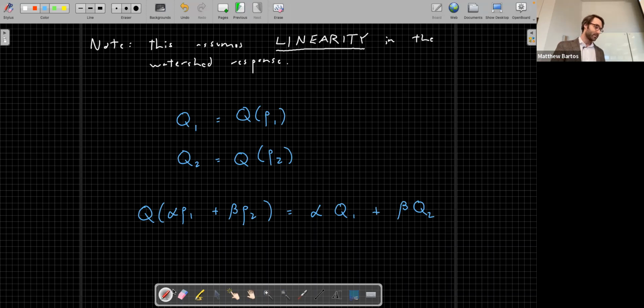All right. So when is this the case? First of all, do you think actual watersheds are actually linear? No, they're not. You can't simply add up the response to a precipitation event on top of another precipitation event because there is nonlinear behavior in the watershed, which we saw in Green-Ampt and in the way that water was routed.